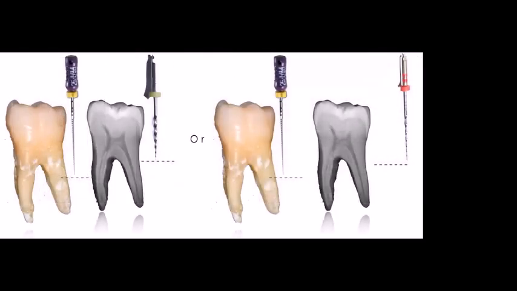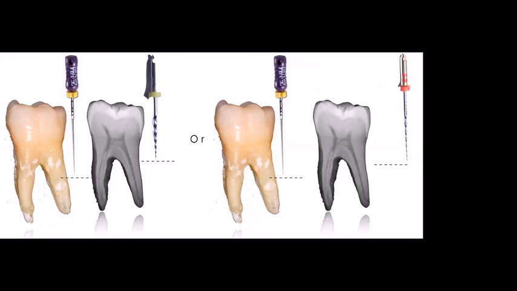So how can we eliminate these coronal interferences? We can use the file designed for this purpose in the CC Premium system, that is the 1712, okay? Using a brushing motion against the outer part of the root canal, we can eliminate this coronal interference.